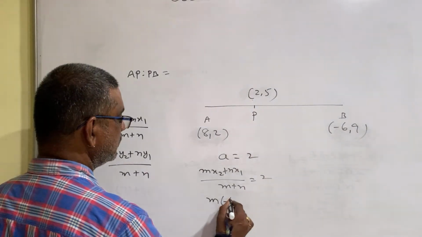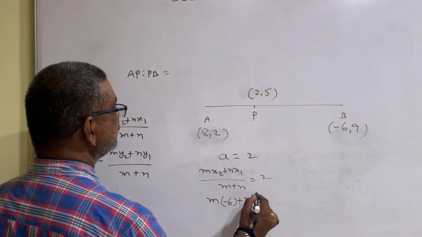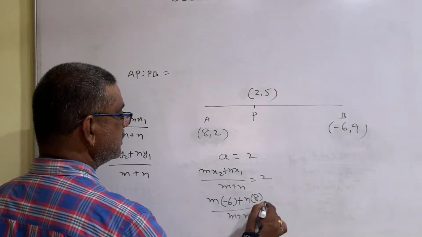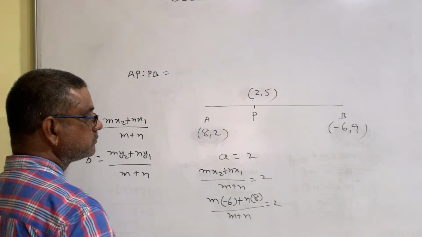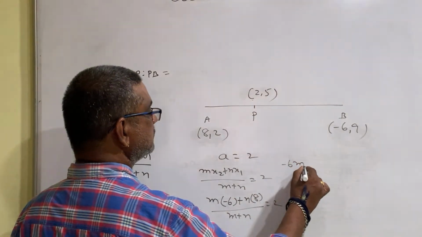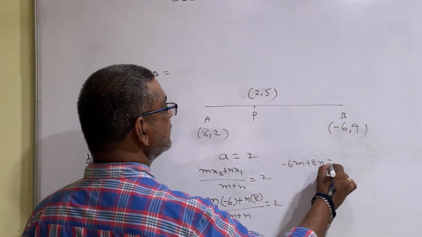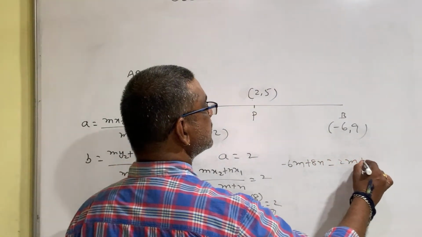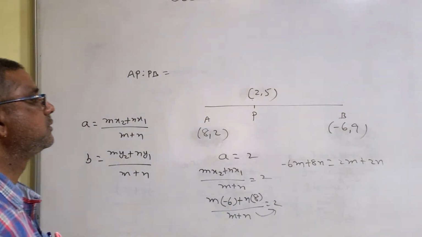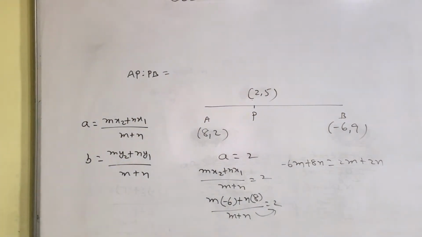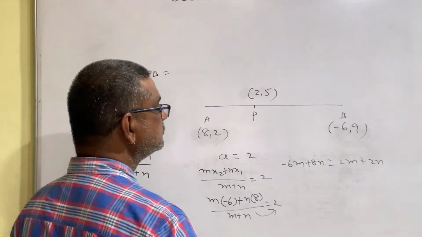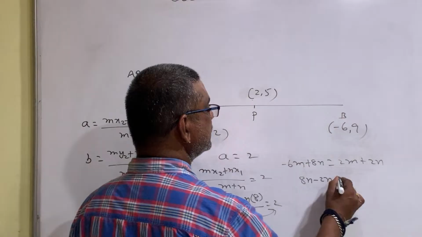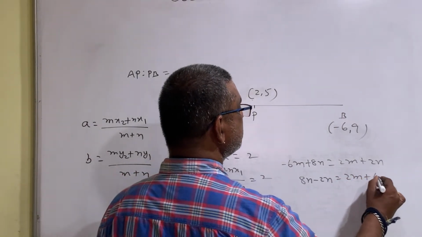mx2 plus nx1 by m plus n is equal to 2. Minus 6m plus 8n is equal to 2m plus 2n. 8n minus 2n is equal to 2m plus 6m.